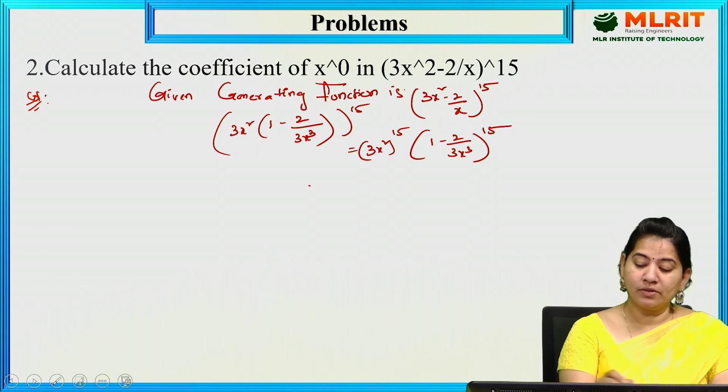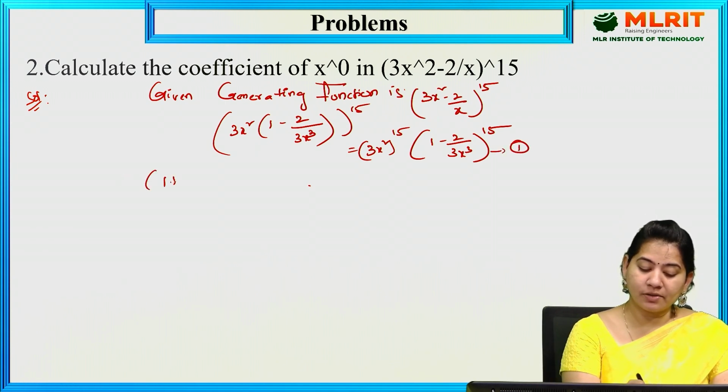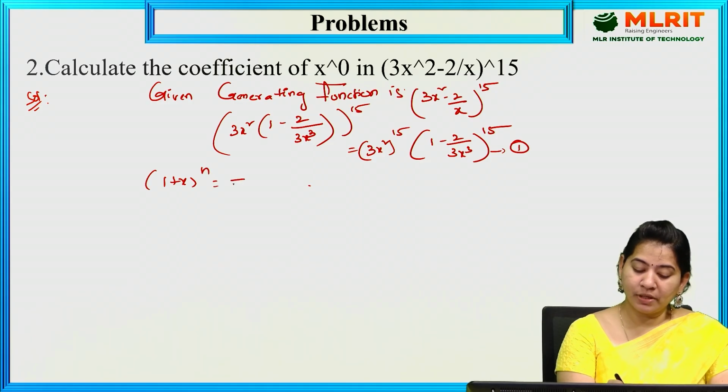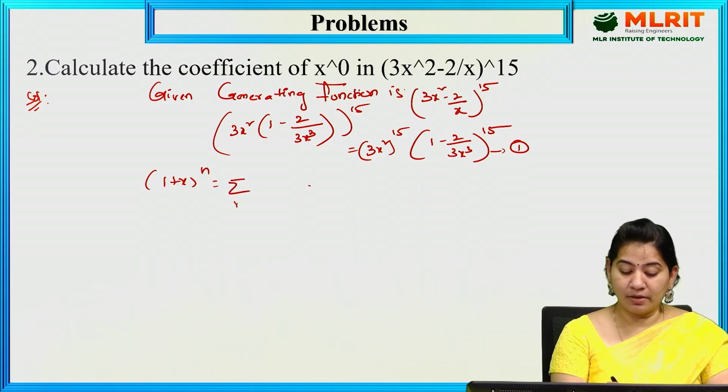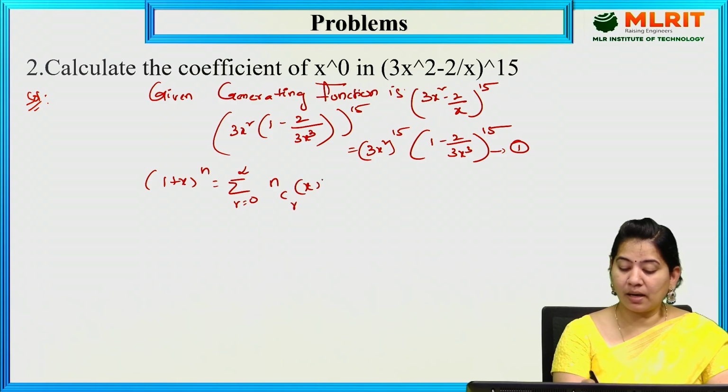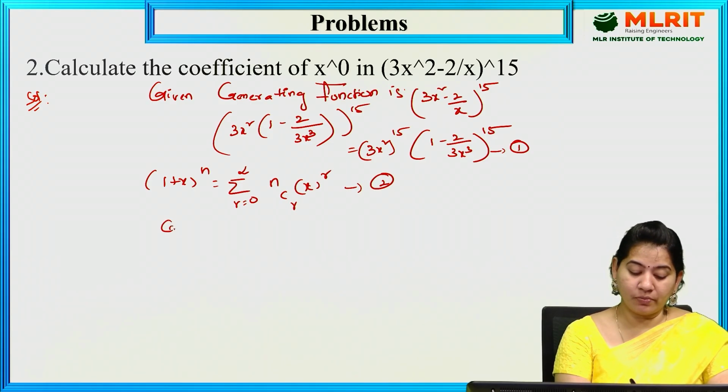So this is what you will get here, 3x square whole power 15 into 1 minus 2 by 3x cube. We can consider it as equation 1, and we know that 1 plus x whole power n is equal to sigma r equal to 0 to infinity nCr x power r. So here this is equation 2. Compare equation 1 and 2.